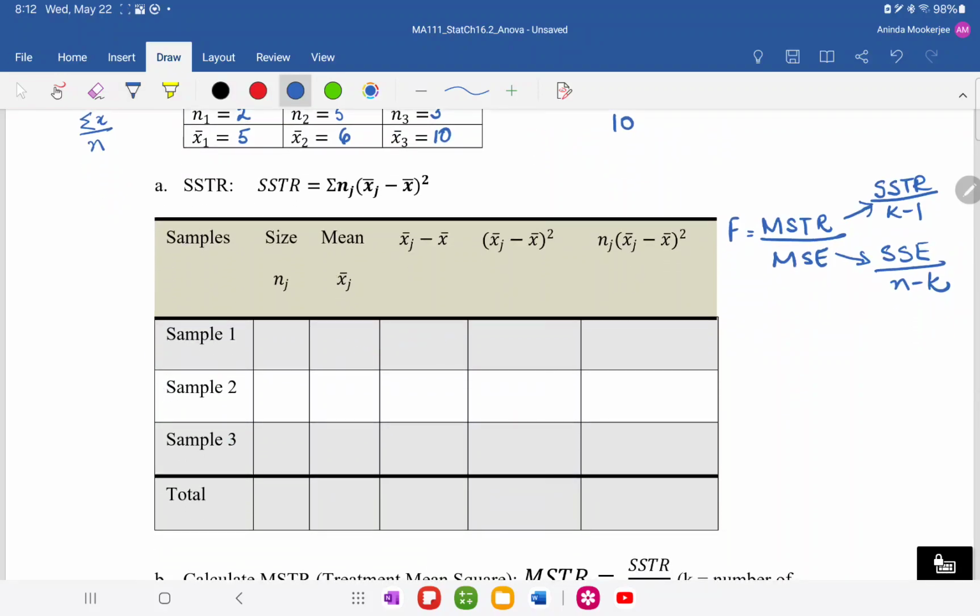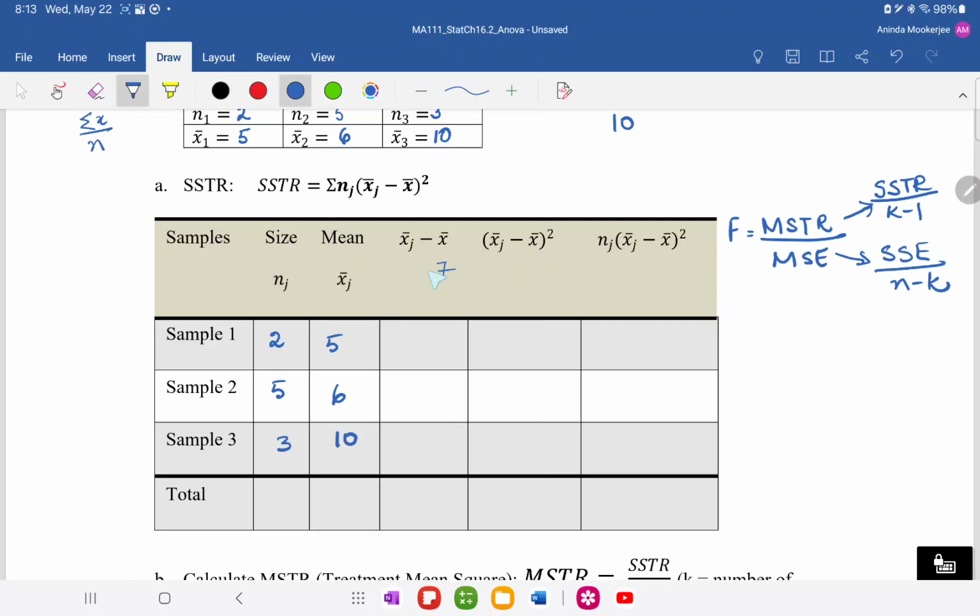Again, using this table, just list your sample sizes first. Sample 1 had a sample size of 2, then 5, and 3. And the means that we just calculated were 5, 6, and 10. In the next column, we subtract the overall mean from each sample mean.